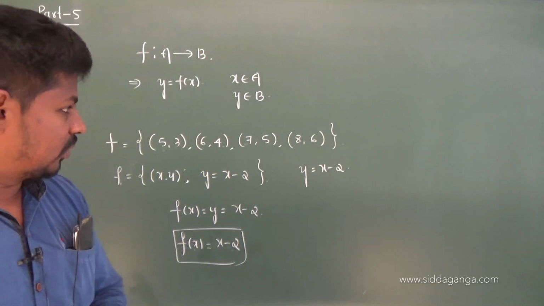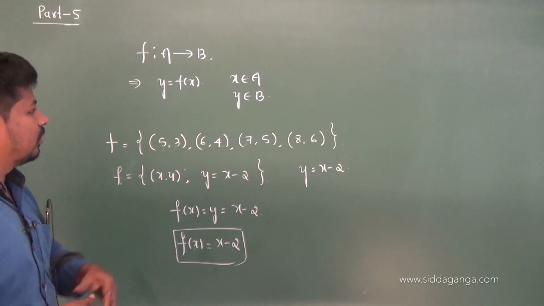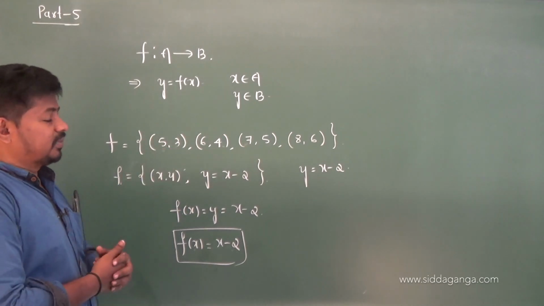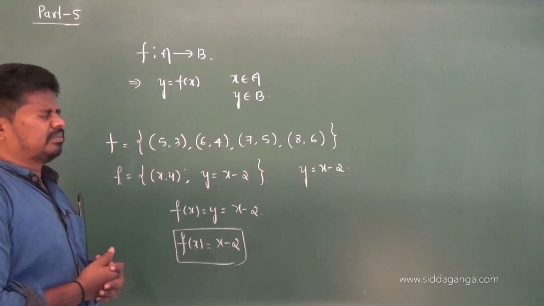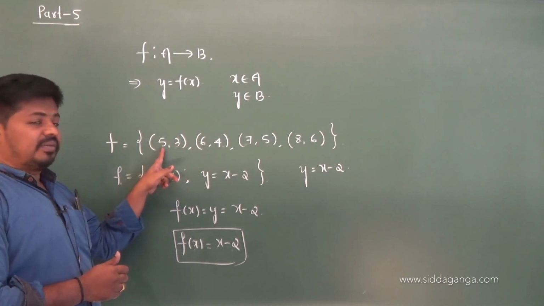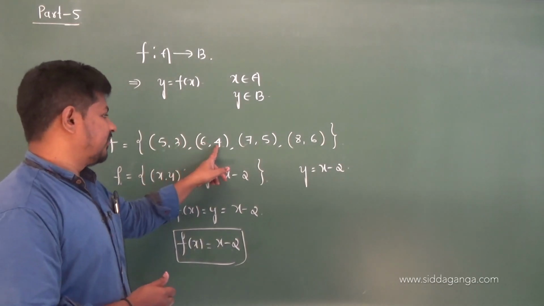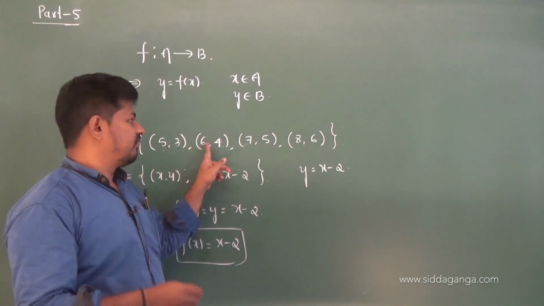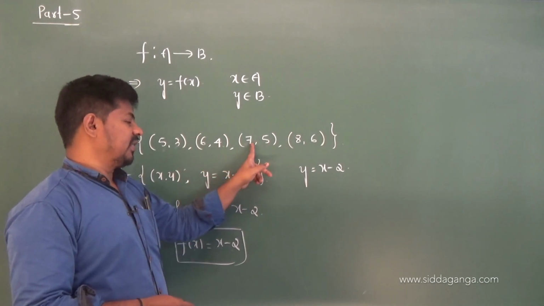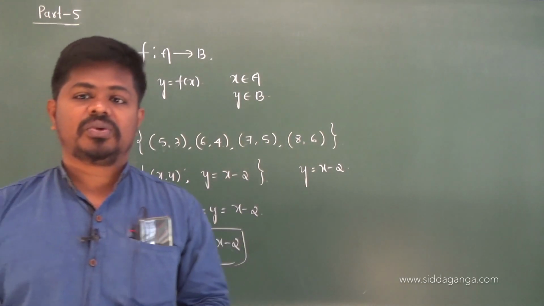As in the last class we were discussing the range, the image and the pre-image: 3 is the image of 5, 5 is the pre-image of 3, 4 is the image of 6, 6 is the pre-image of 4, 5 is the image of 7, 7 is the pre-image of 5, and so on. This is about the function.